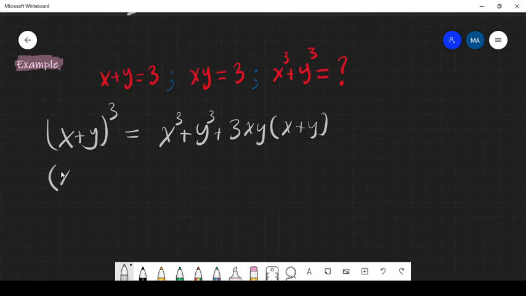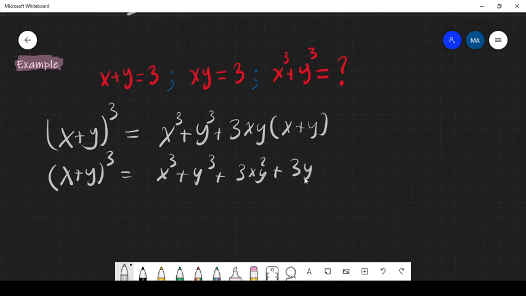This is the type that you can use to write this formula. There is another way for you to write it. Is equal to x cubed plus y cubed plus 3x squared y plus 3y squared x, and plus y cubed. Now you might be more familiar with this one than this one, but it is the same way, okay? If you multiply this over here and there over here, you'll get these two terms over here, okay?